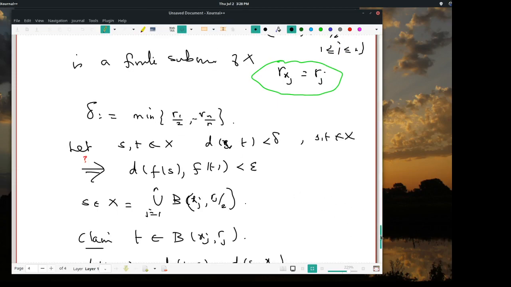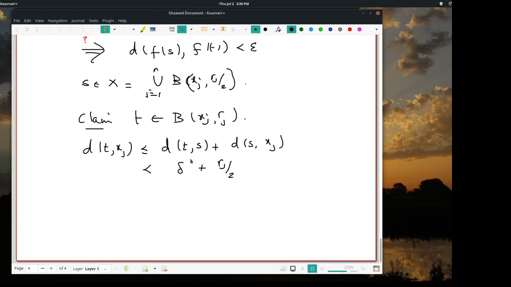Therefore it's also less than rj by 2. This is less than or equal to rj by 2 plus rj by 2, which is rj. Therefore yes, t also belongs to that.